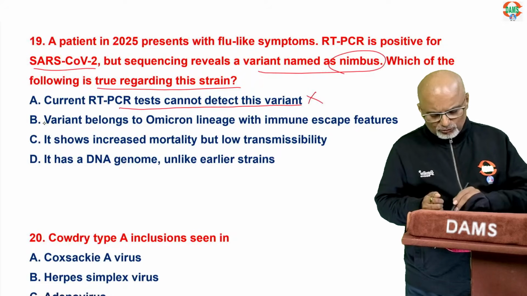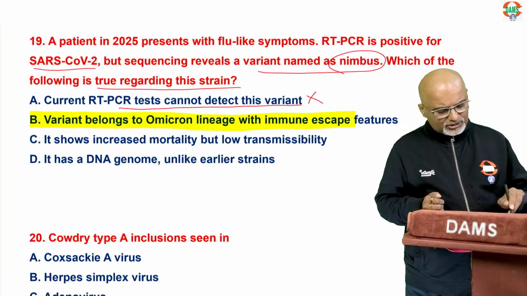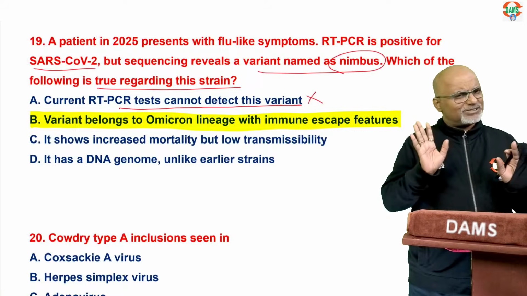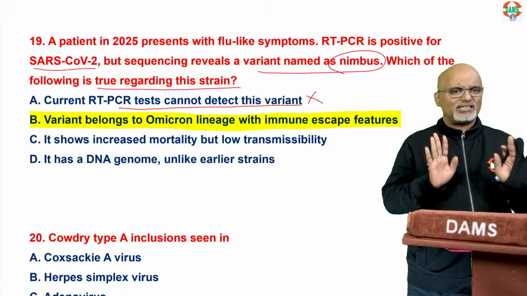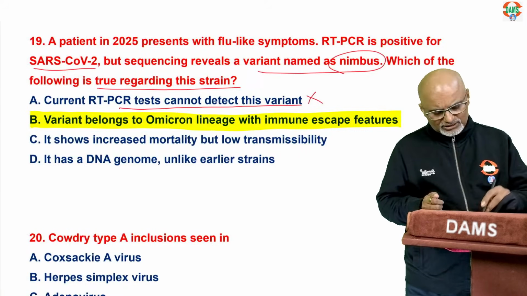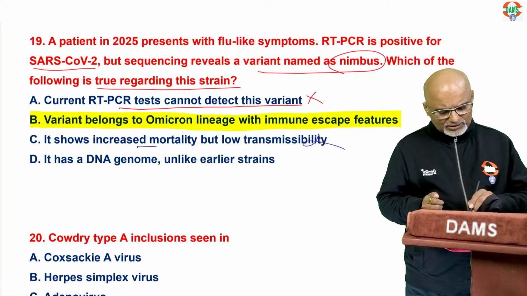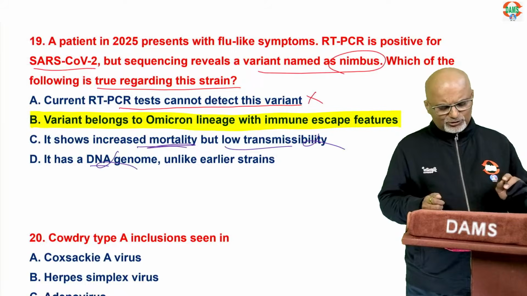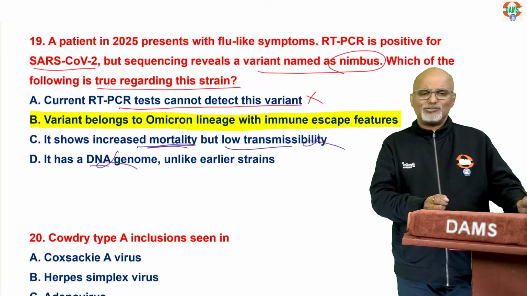The variant belongs to the Omicron lineage with immune escape features. Yes, immune escape is there, slightly higher transmissibility is there, but severity not till now. Increased mortality? No. Less mortality, more transmissibility. DNA genome? It is an RNA genome, previously also and now also.